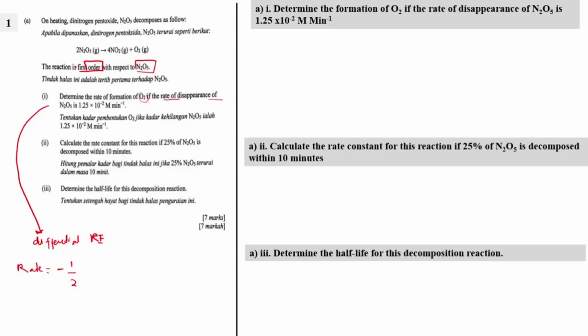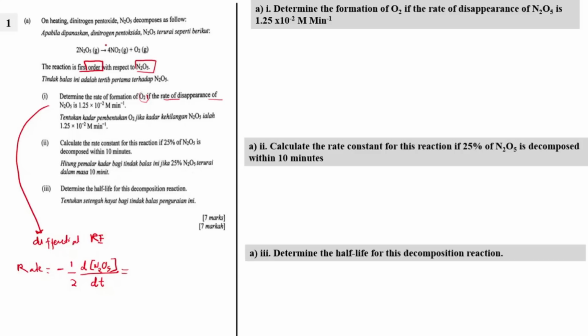Then for the reactant we have d[N2O5] over dt, the differential of time. The negative sign represents a reactant, which reduces over time because some of the reactant is converted into product.